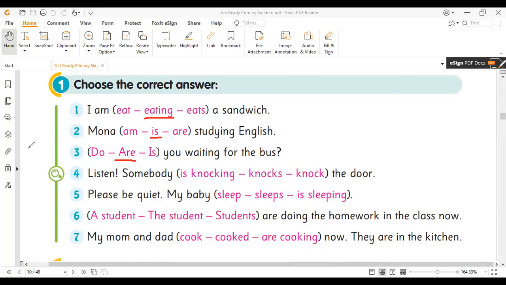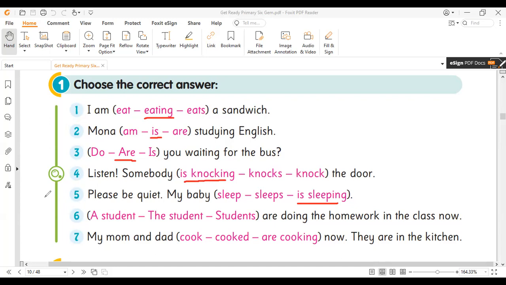Somebody's knocking. Excellent. We chose verb to be with the gerund. Sarah, number 5. Please be quiet, my baby is sleeping. Excellent. Sleeping.